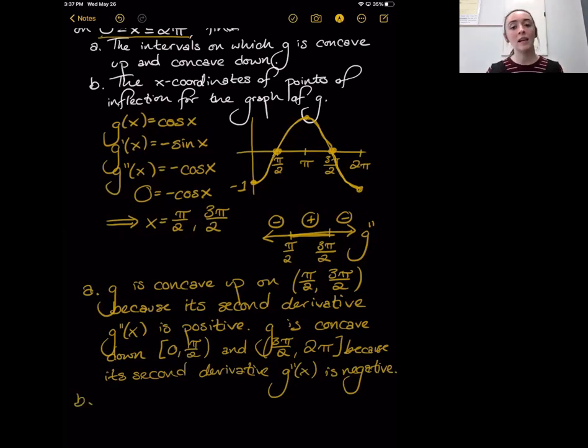And then really quickly, our points of inflection for part B. We know for a point of inflection, we need to have its second derivative, g double prime, equal to 0 and a change in sign.